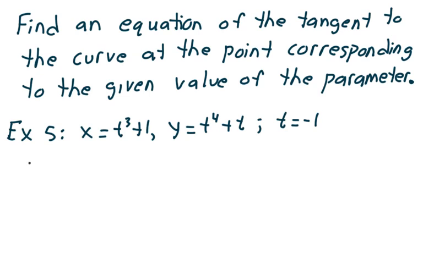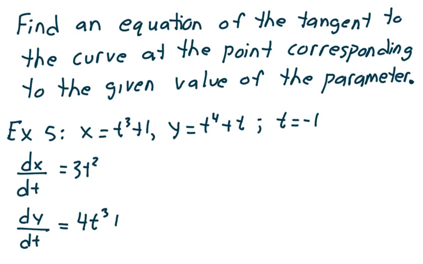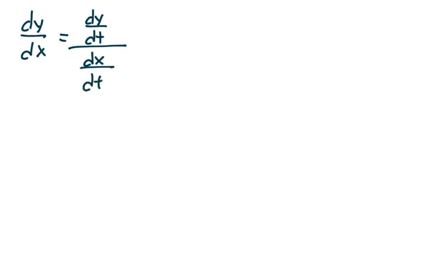Now, dx dt is 3t squared. dy dt is 4t to the third plus 1. Now, dy dx is dy dt divided by dx dt. But this is 4t to the third plus 1 divided by 3t squared.